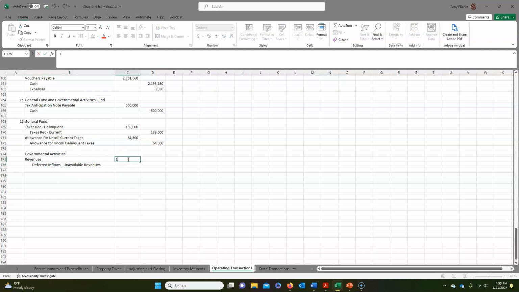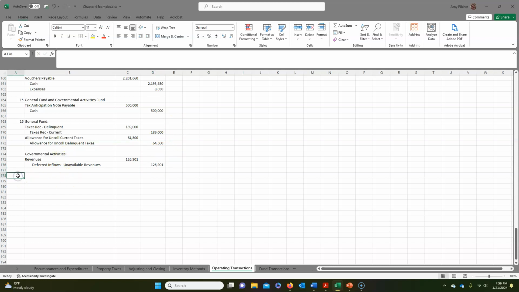Okay, for $126,901. So it is $189,000 minus $64,500, and then also takes into account the interest and penalties from entry 6.